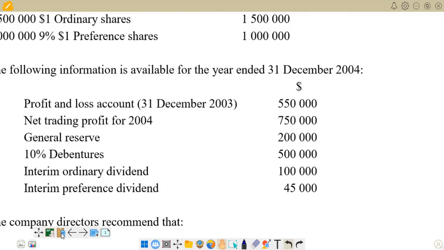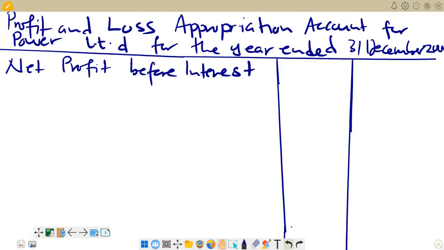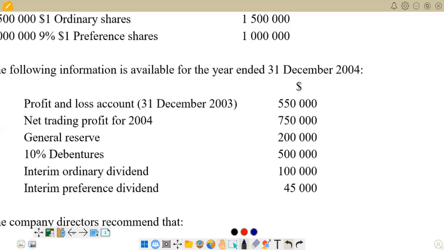Then we go to our other section and put that one. We now put the net profit before interest in this column, which is 750,000. And we now go to the question to find out about interest. What do we have about interest?